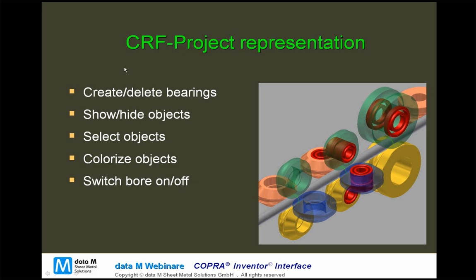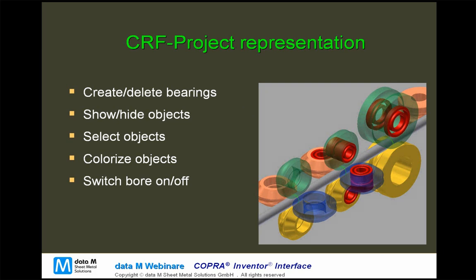Now the representation of your project. We have some additional tools to create, for example, the parts in different colors. So the model itself has some intelligence. The rolls know whether they are a bottom roll or a top roll or a left or right side roll. So also we can create the bearings of the rolls if they are set up in Cobra.